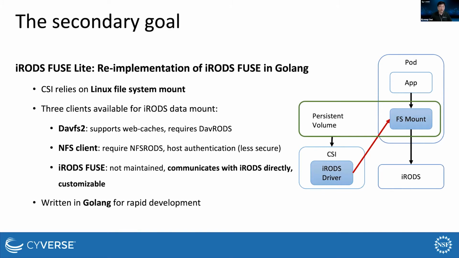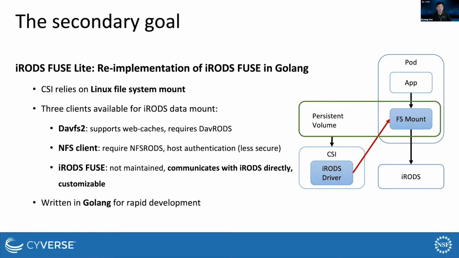Container Storage Interface relies on Linux file system mount for data access. So iRODS CSI driver also has to use iRODS file system clients. There are 3 iRODS file system clients available: DavFS2 for WebDAV, NFS client for NFS protocol, and iRODS FUSE.